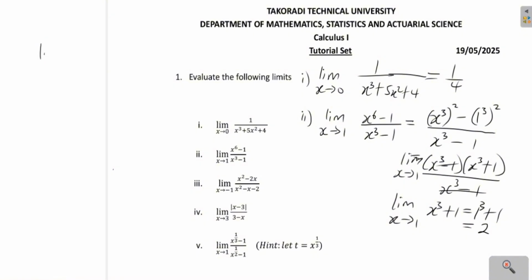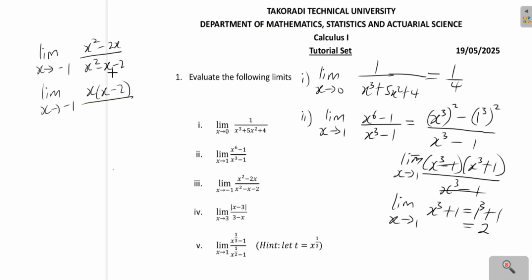Now with the third one, we have the limit as x approaches negative 1 of x squared minus 2x, all over x squared minus x minus 2. You can see that at the numerator, we can factor x out and we'll be left with x minus 2.